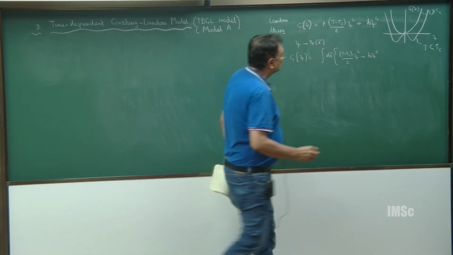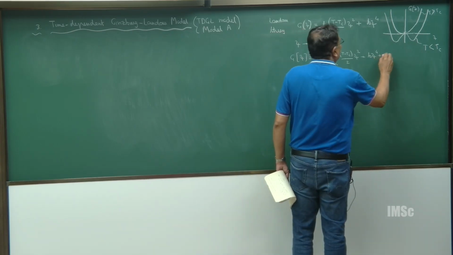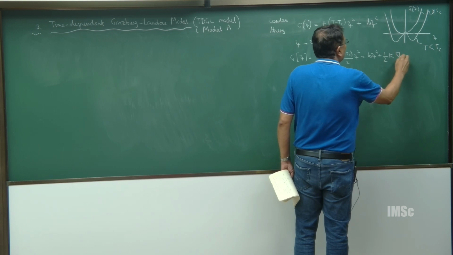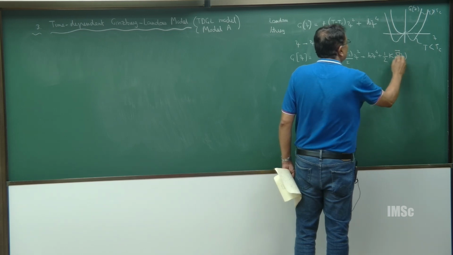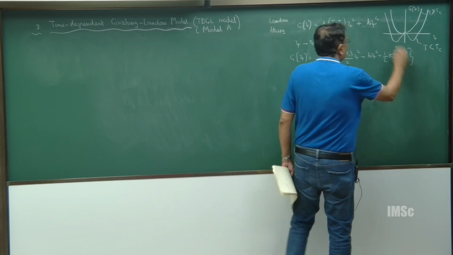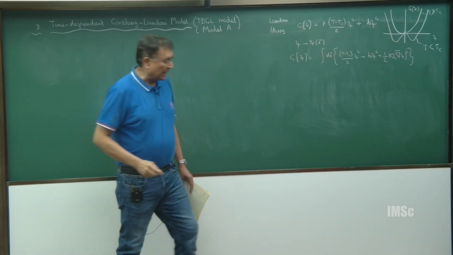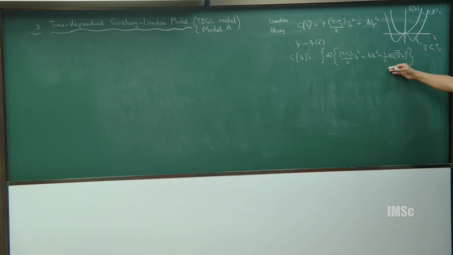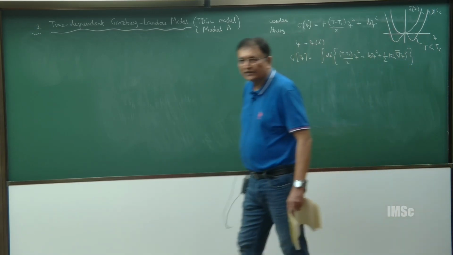That is the Landau expression, and then he added the following extra term, half k (grad psi) squared. What does this extra term do? The extra term penalizes interfaces. Wherever there are sharp gradients of psi, that increases the free energy, and this whole energy is called the Ginzburg-Landau free energy.